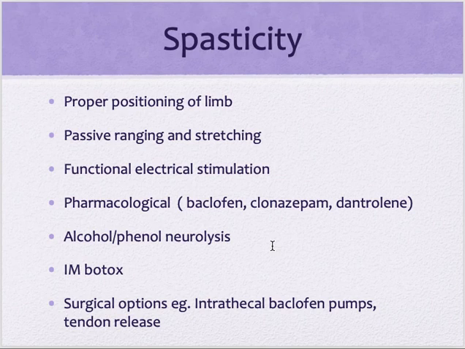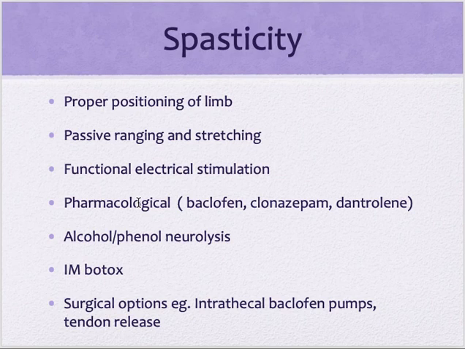So talking about spasticity, if you see over here, the limbs should be properly positioned and passive ranging and stretching should be done. FES can be used, which is functional electrical stimulation, and they can use some pharmacological drugs. I think you are well familiar with these drugs: baclofen, clonazepam, and dantrolene, which are basically muscle relaxants.